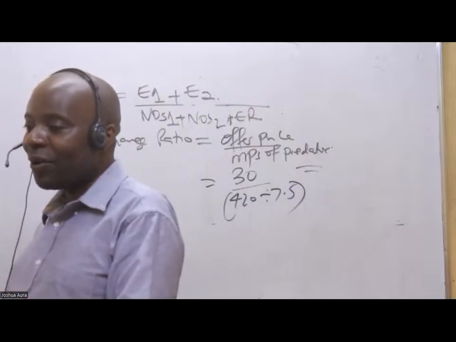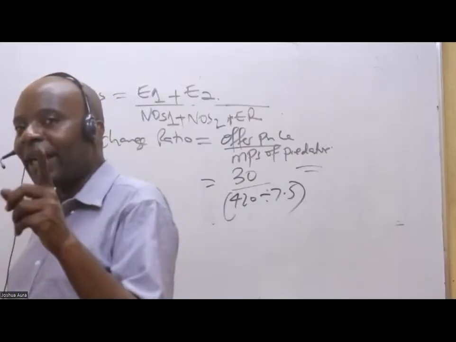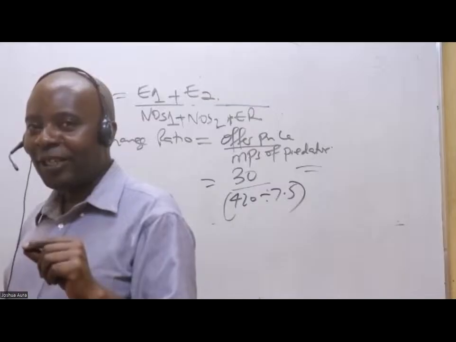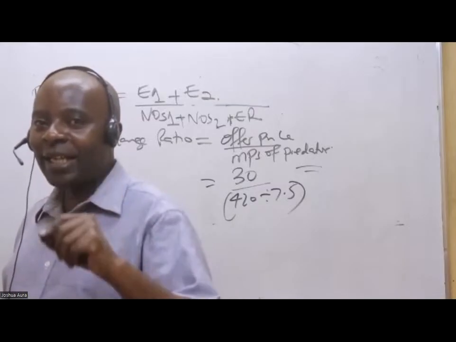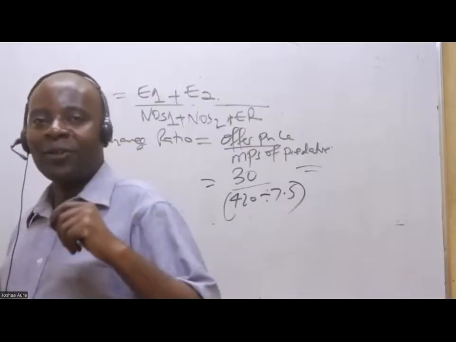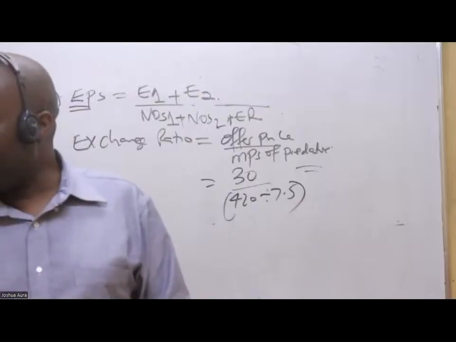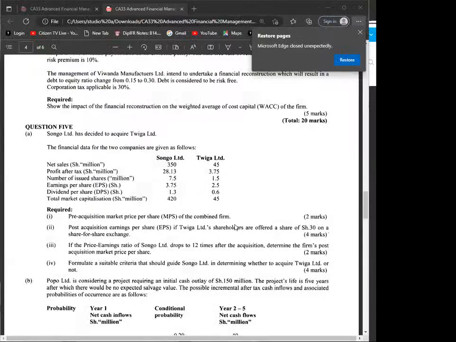Hirubo is asking a very good question: why can't we use that EPS? EPS of the target over EPS of the predator is what we call the maximum exchange ratio. We use that maximum exchange ratio, the non-diluting exchange ratio, when the offer price is not given. Whenever the offer price is given, there is an offer price in the question: shareholders are offered a share of 30 on a share for share exchange.